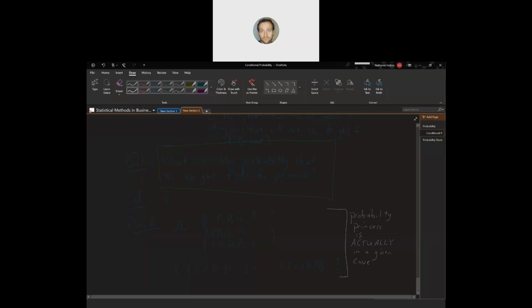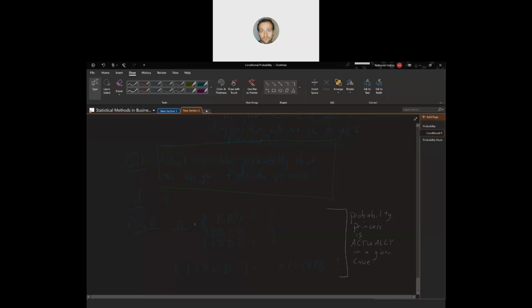Somehow we're like God now. We know where the princess and the dragons are in this scenario. So there's a probability that the princess is really in the first cave, or a probability that she's really in the second cave, or a probability that she's really in the third cave. That's what this is describing.